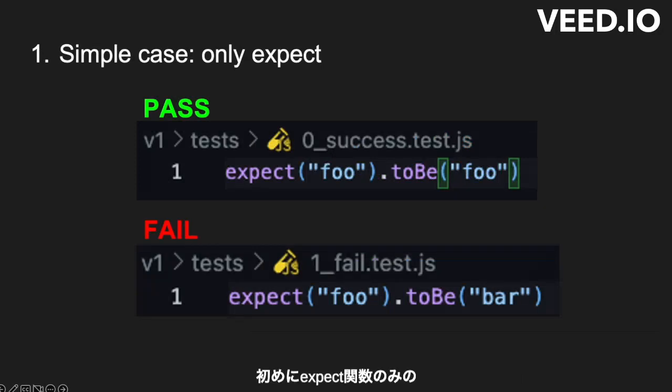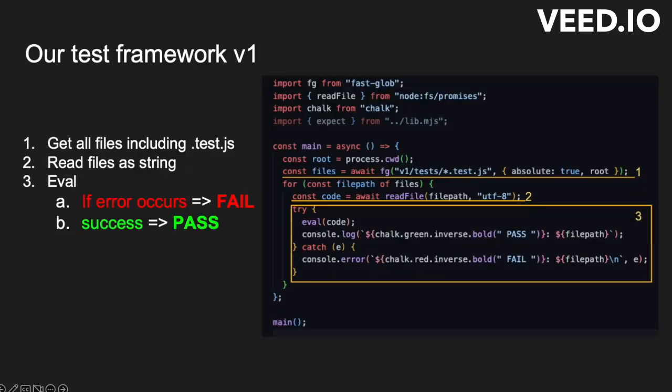To begin, let us consider a simple case with only the expect function like this. This one will succeed and the bottom one will fail. How can we launch such a test file? This is the implementation of our framework version 1. The important part is the yellow line. First, we get all files containing .test.